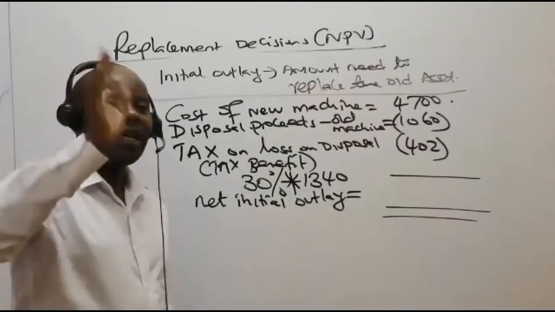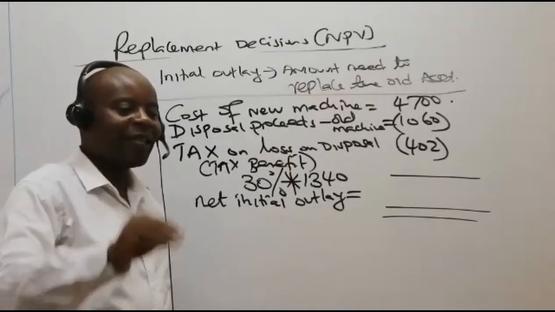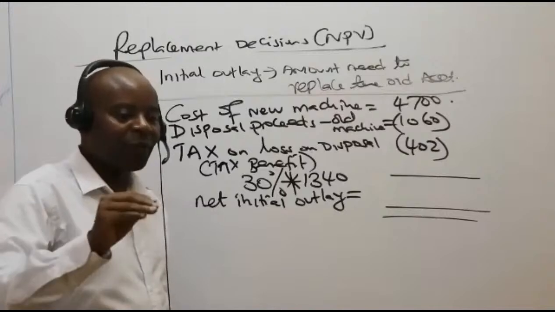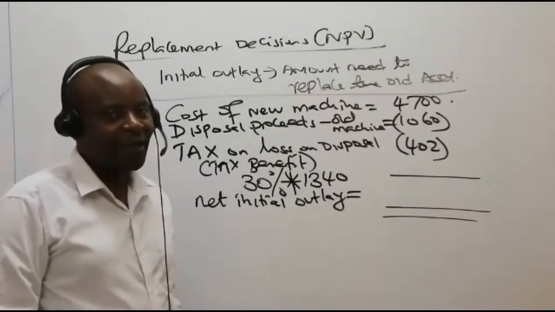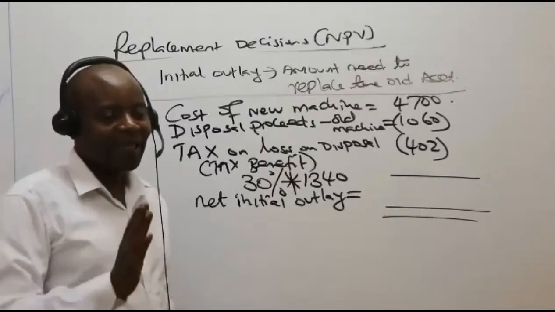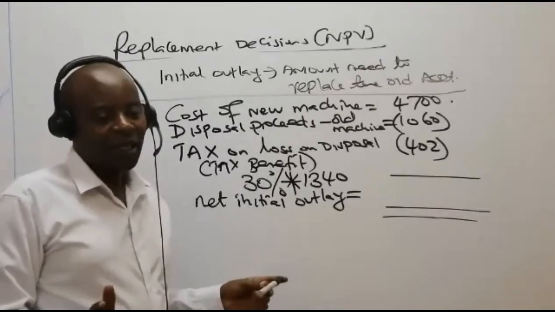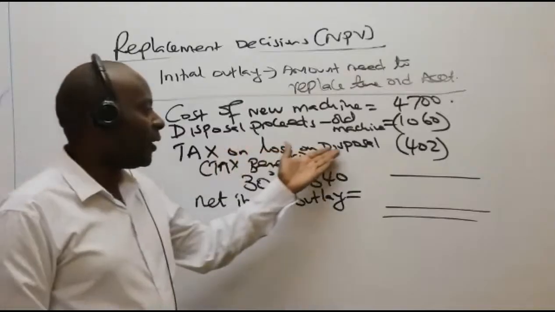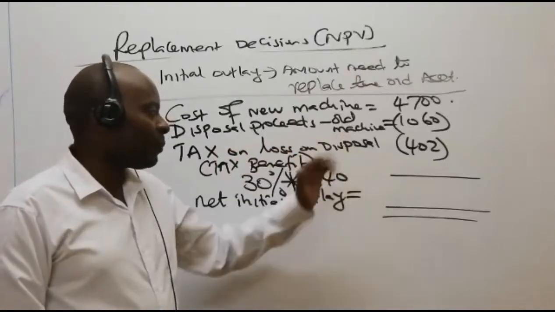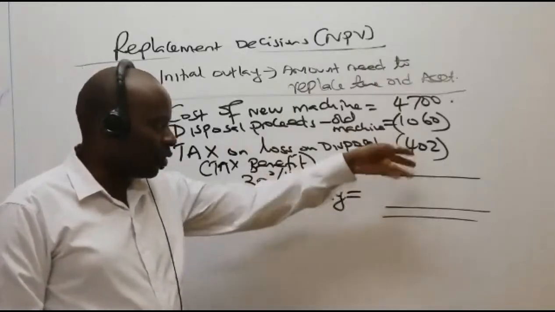Although in the many years that I've taught, I've never seen a replacement question where the old asset is sold at a profit. It will be very hard. All of them, we are making a loss. But should we make a profit on disposal, that becomes an expense on us, so we would do the opposite of this, which is adding.